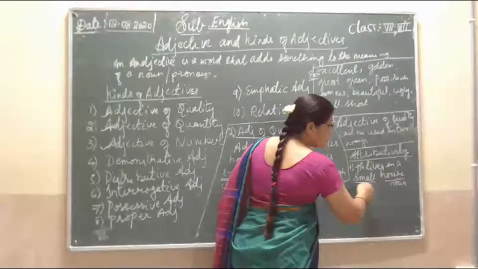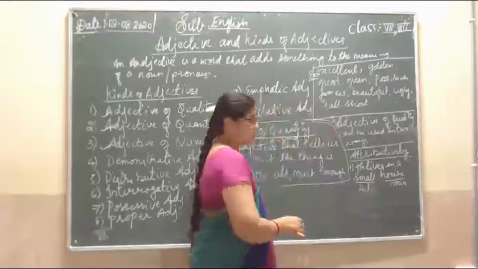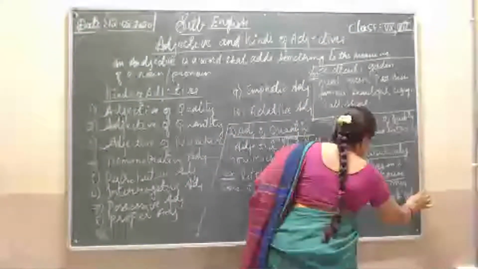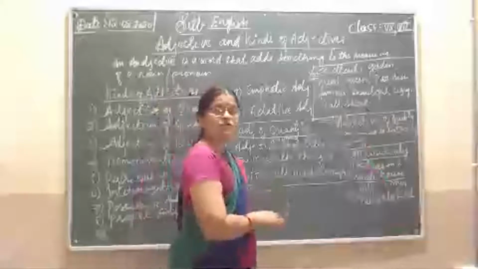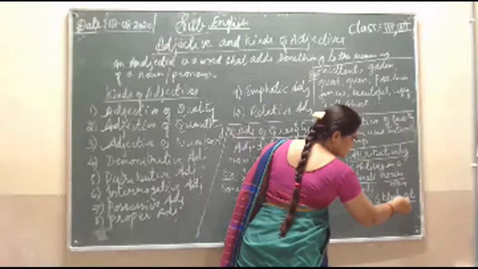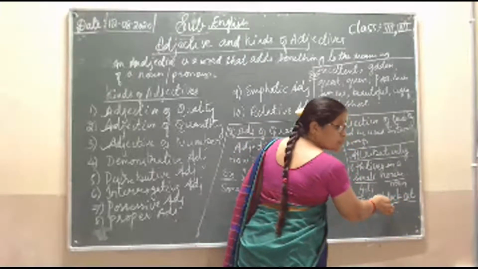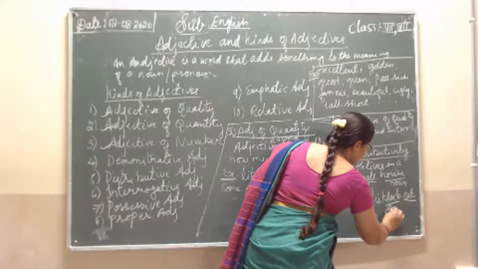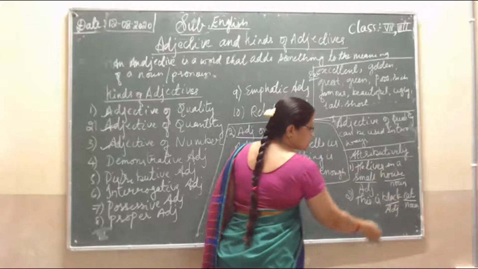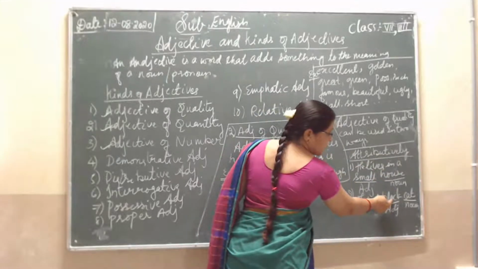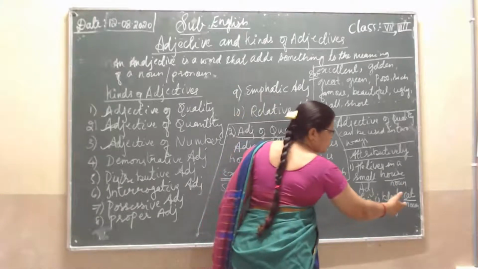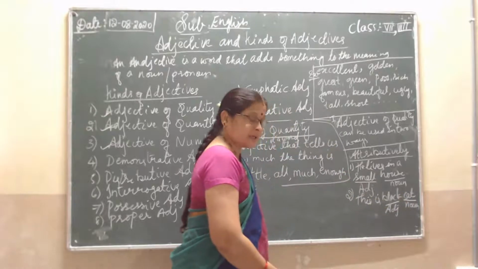Adjective before the noun in this attributive sentence. Now, second sentence: find out the adjective and the noun in this sentence. Adjective is black and cat is the noun here. The adjective is before the noun. This kind of sentences are the attributive sentences because we are qualifying more about the cat, that it is black.